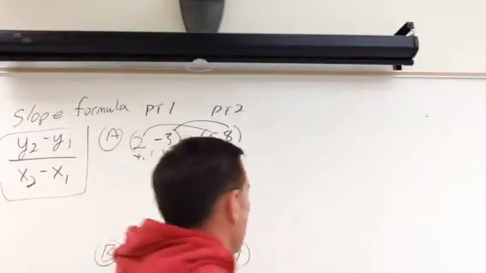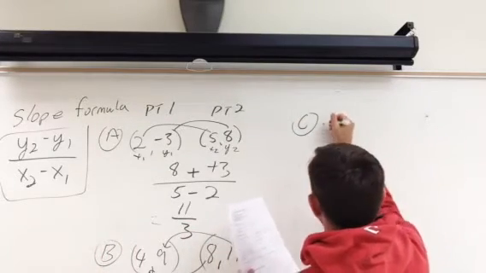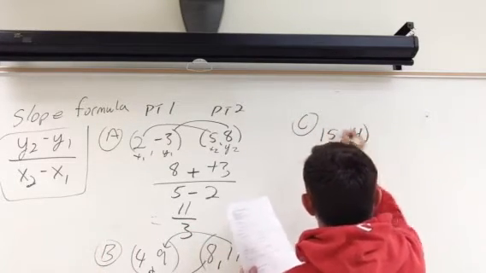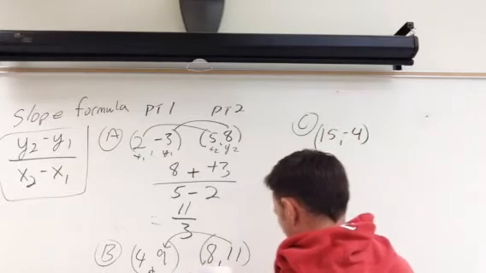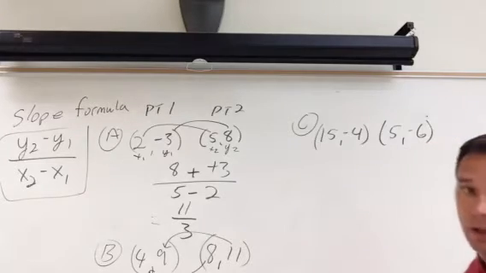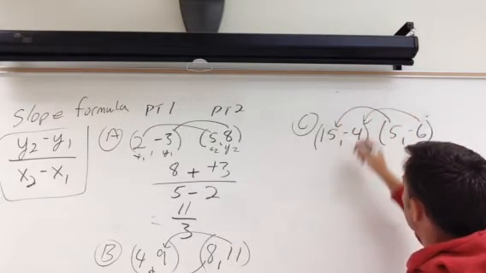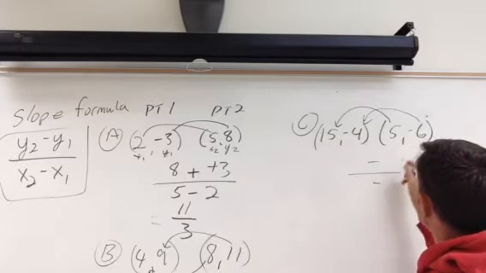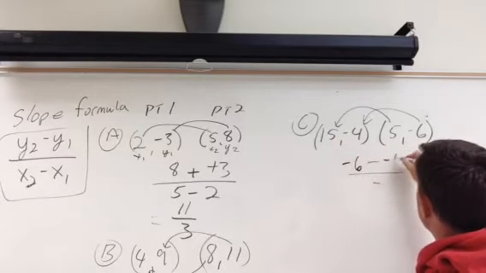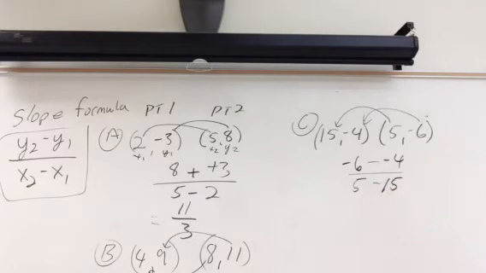Look at the letter C. This is a line that's passing through the point 15, negative 4, and 5, negative 6. y2 minus y1, x2 minus x1. So negative 6 and negative 4, 5 and 15.